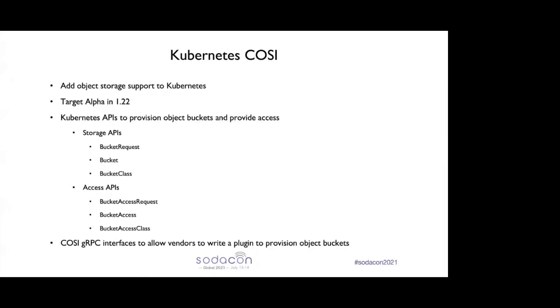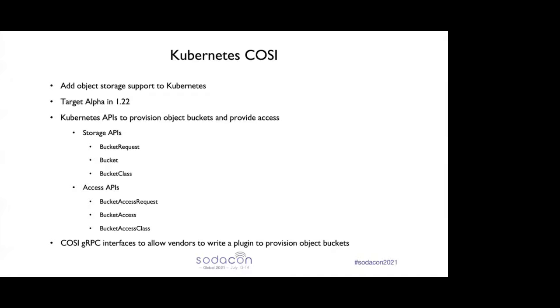CSI is for provisioning file and block storage. A file or block volume is mounted on a pod so that a pod can access the volume. COSI is for provisioning object buckets. An object bucket cannot be mounted. It is accessed through the network. Also, object storage has more fine-grained access control.